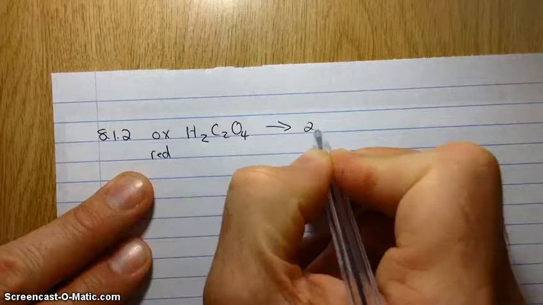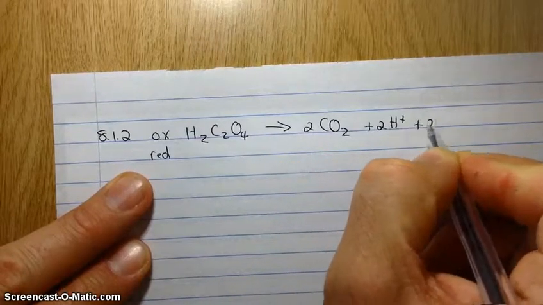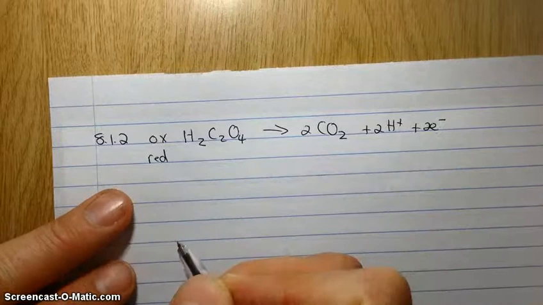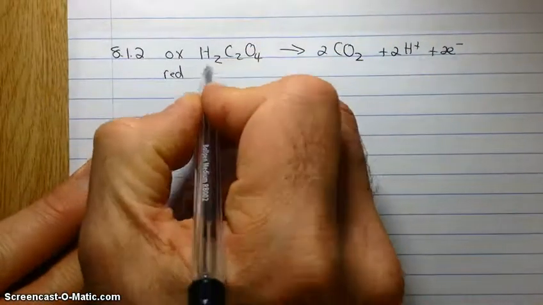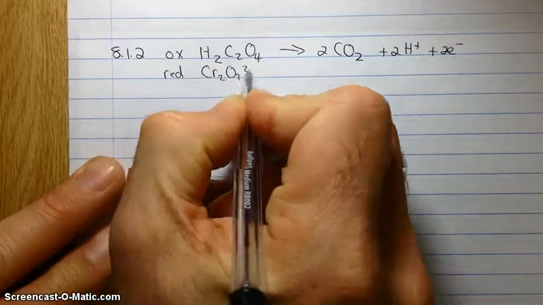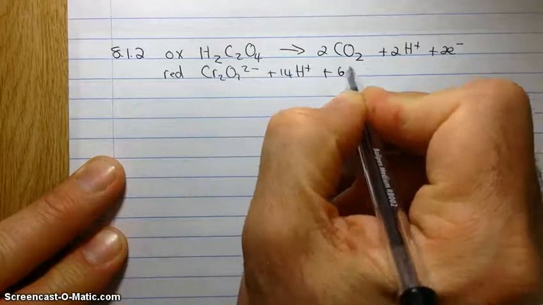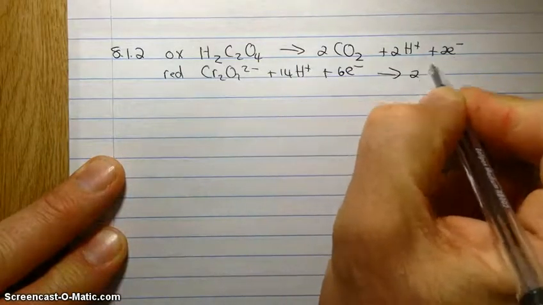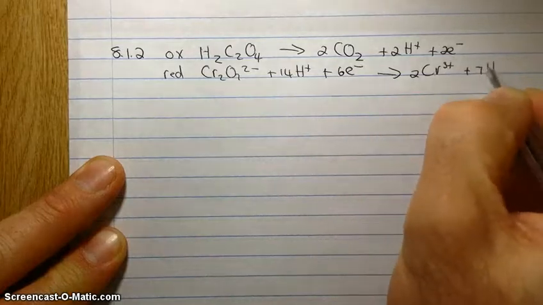H2C2O4 to CO2 plus 2H+ plus 2 electrons. And then my reduction, my oxidizing agent that will be reduced: Cr2O7 2- plus 14H+ plus 6 electrons, and you just copy this down from your table, gives 2Cr3+ plus 7 waters.